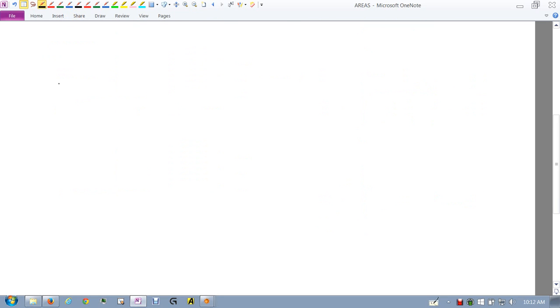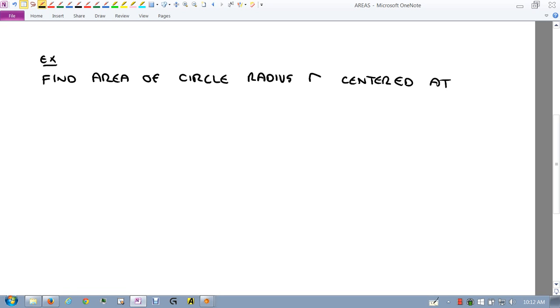Let's try it. Find the area of a circle, radius r, centered at origin, using parametric equations.